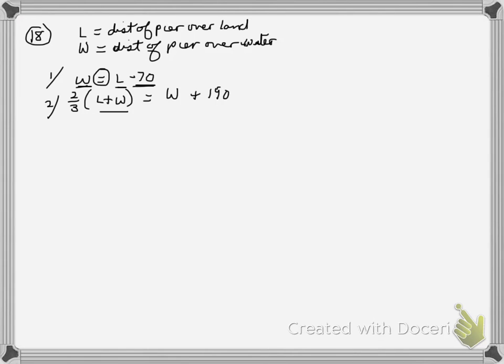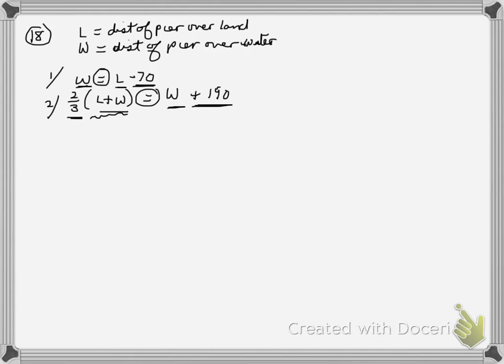For the second one, and 2/3 of, the word of always indicates multiplication, of the total length. What would the total length be? It would be the part over the land plus the part over the water was, there's my equal sign again, 190 feet more. That means I've got to add 190 feet to whatever else I have, more than the part over the water.